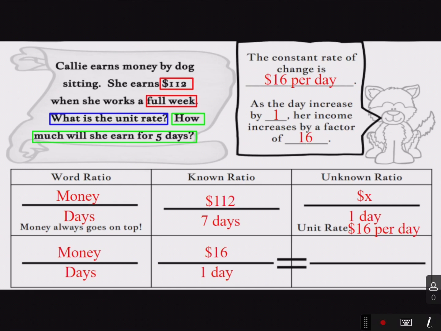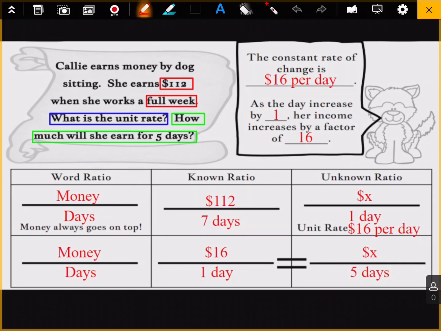For our unknown rate, we don't know how much money she's going to earn in 5 days, so that's where we're going to put our $ sign and our x value or our variable. And then on the bottom, the question is asking us for 5 days, so it's going to be 5 days on the bottom. So we're going to use the proportion solving method.